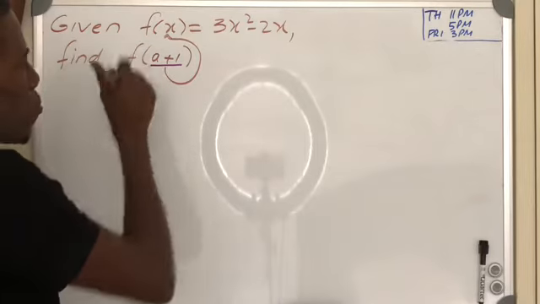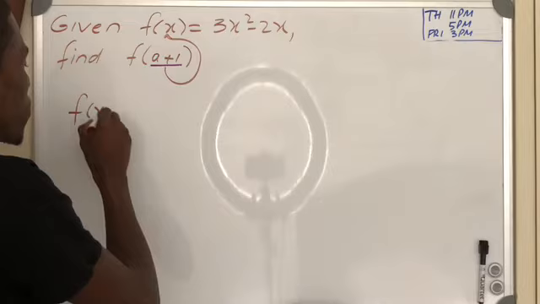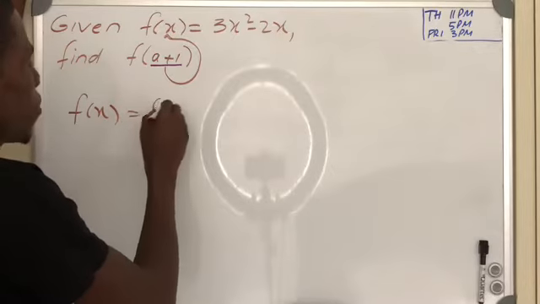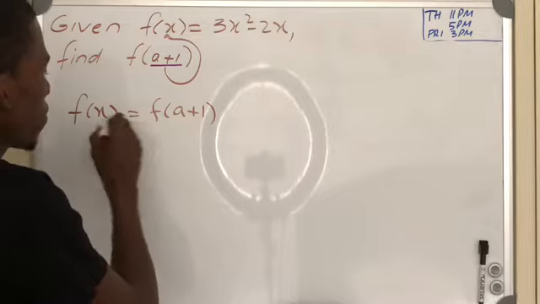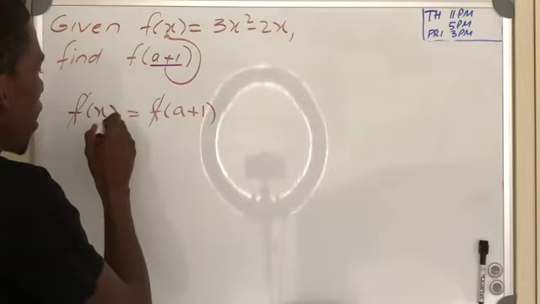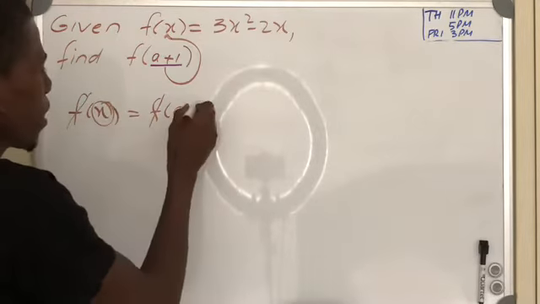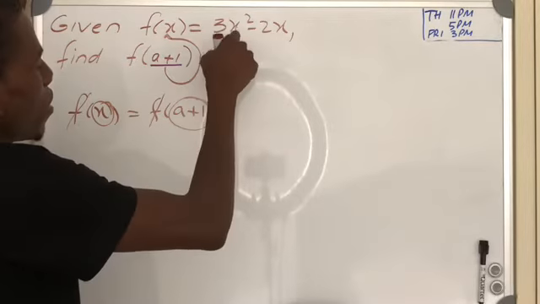My function was previously f of x. Now I have to make this f of a plus 1. f is the same, I just have to replace x by a plus 1 everywhere in here.